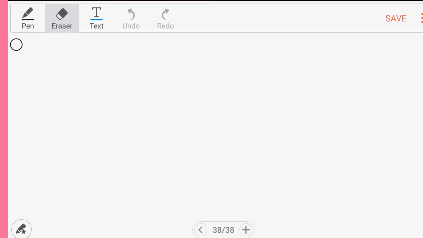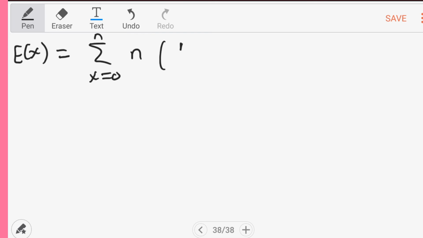Right, so now we have the expected value of x, which is equal to summing on x from 0 to n, n times n minus 1 combination x minus 1, and we have p to the power x, q to the power n minus x.